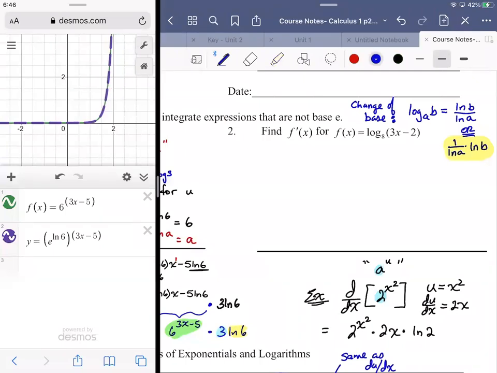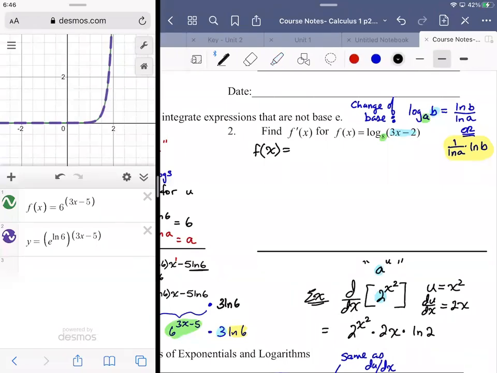So I'm going to take my f of x. I'm going to identify the quote unquote a and b values. The a value is the 8. The b value is the 3x minus 2.